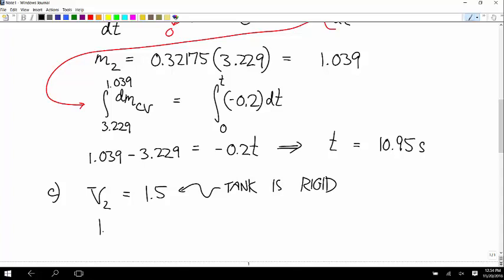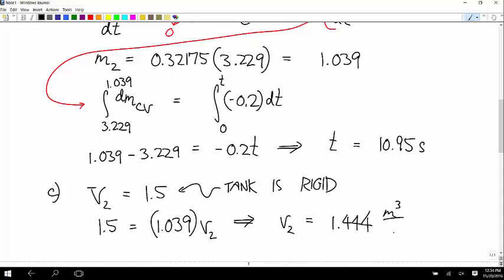And so 1.5 is equal to the new mass, which is 1.039, times the specific volume at state 2. And we can use that to calculate the specific volume. And you get a specific volume of 1.444.